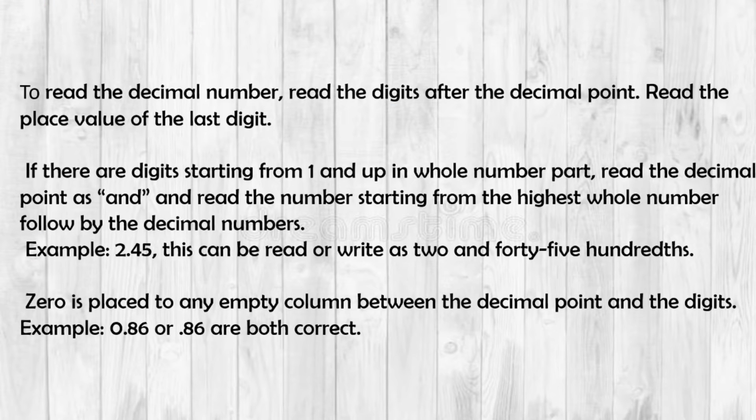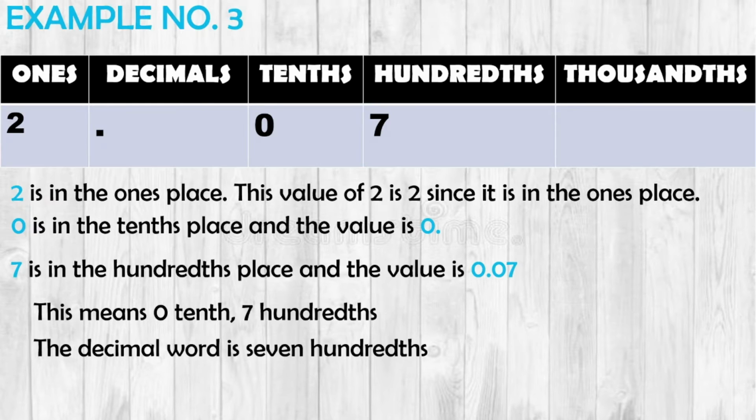To read the decimal number, read the digits after the decimal point. Read the place value of the last digit. That is why earlier, the 7 is in the hundredths. So you read the last digit and its place value. That is why it became 7 hundredths.